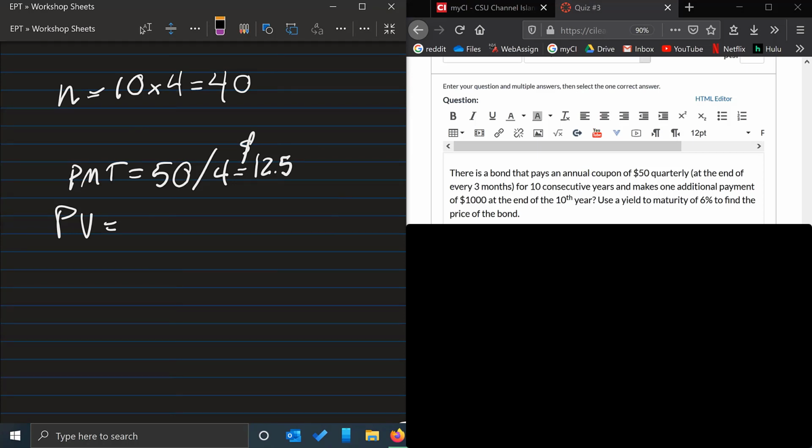You can't have more compounding periods and then not adjust for that. It'll make your number extremely large if you kept it at 6%. So what's 6 divided by 4? 925.2.